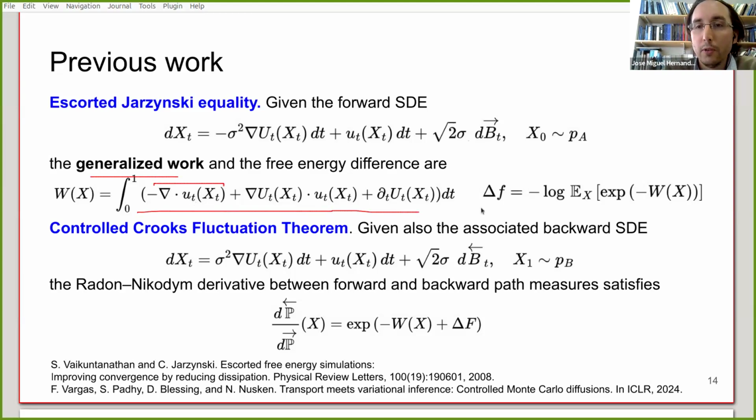And the free energy difference would be given by the same expression that I mentioned before: the log expectation of the exponential of minus the generalized work.